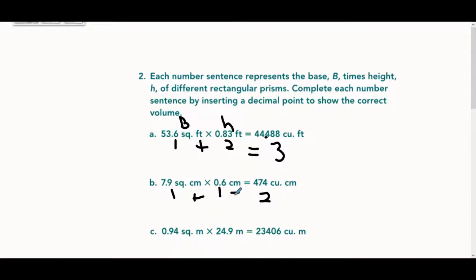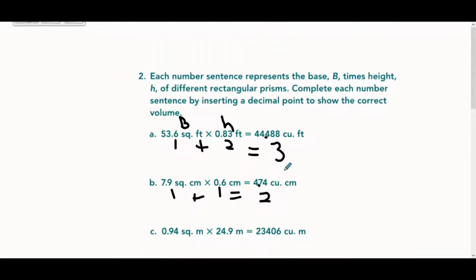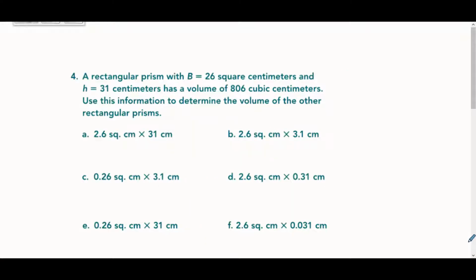So I need to move over 1, 2. So I put that right there. So it's actually 4.74 cubic centimeters, which makes sense because this is about 8 and this is about a half. So half of 8 is close to 4. So again, forget but don't forget. And I think this next page was basically the same thing.